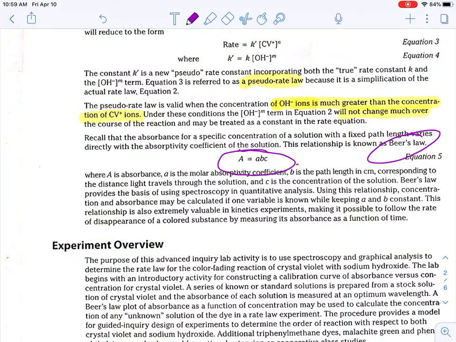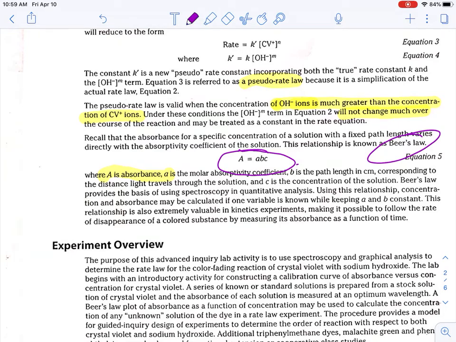Here's what we're going to do, and this is going to be important. What we're going to measure is the absorbance. At this point you would have watched the videos, so you would know what absorbance is: it's how much light is being taken in.